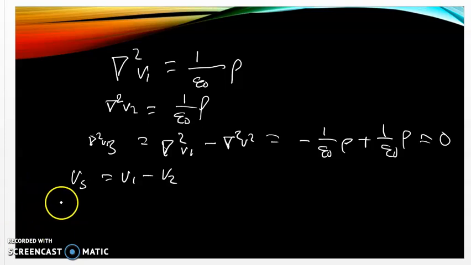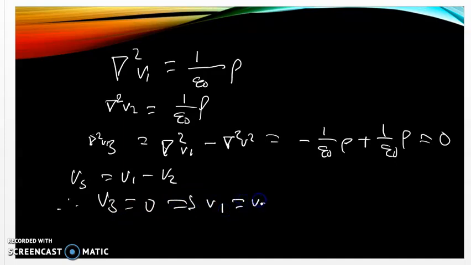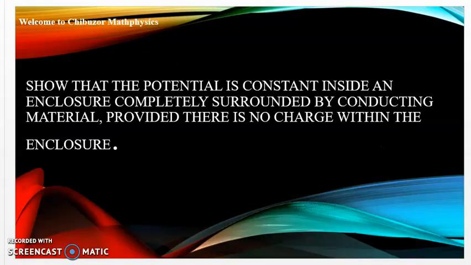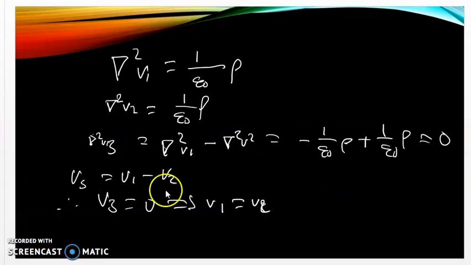Therefore V3 is equal to 0, which implies that V1 is equal to V2, and that's why we are saying that the potential is constant inside an enclosure completely surrounded by conducting material, provided there is no charge within that enclosure. So V3 equals 0, V1 equals V2, so it is constant.